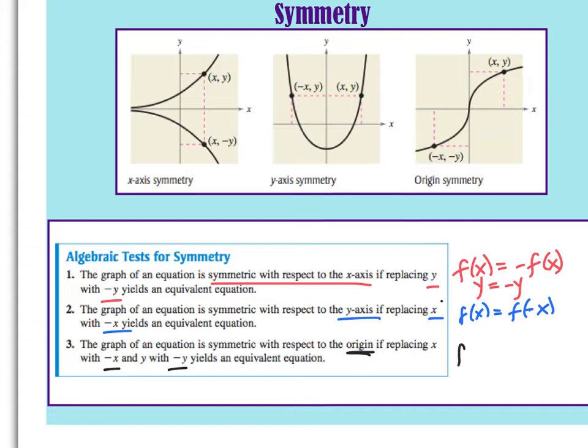In other words, f of x is equal to negative f of negative x. Or you could say f of x is equal to negative f of negative x. Either way you want to think of it, they're both origin symmetry.